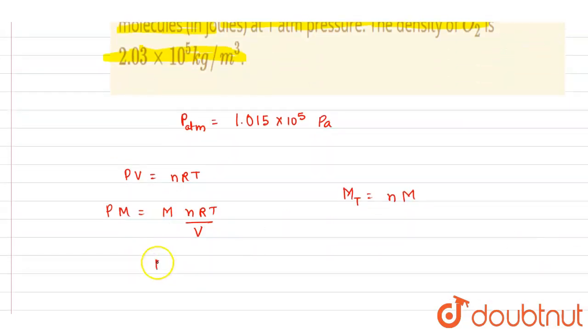So the total mass by volume will be density only, equal to rho RT, right? So density times the universal gas constant times the temperature will be equal to this.